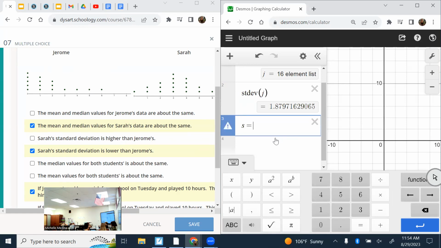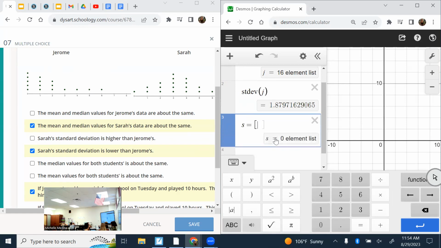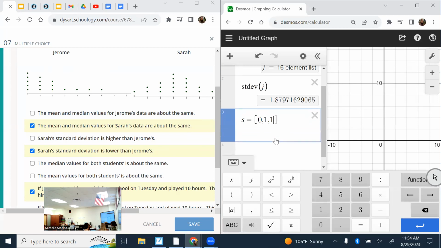Sarah's I'll put in now: there's 5 3s, 4 4s, 2 5s, a 6, and a 7.